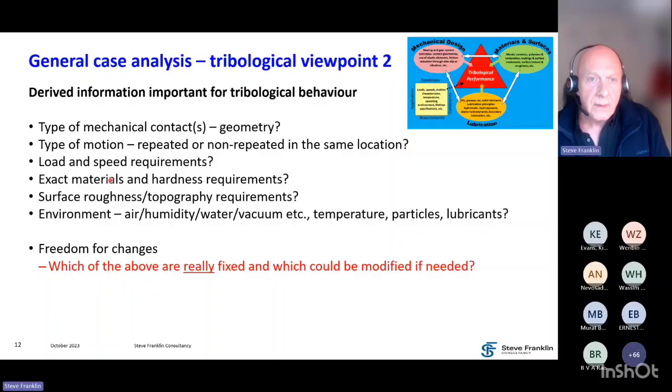The type of motion: is the motion repeated over the same surface, or do you always see fresh material when you're rubbing over a product? An example of that is in the machining of metals or other materials.